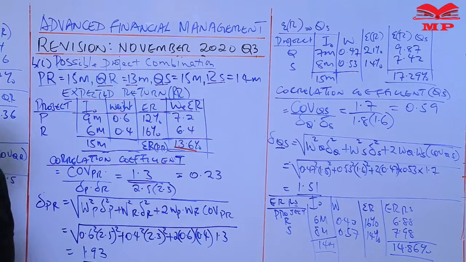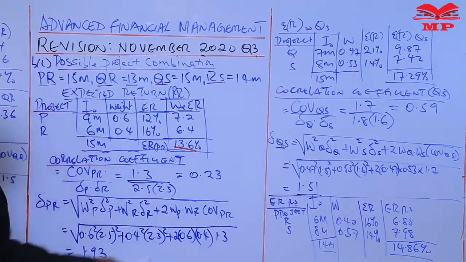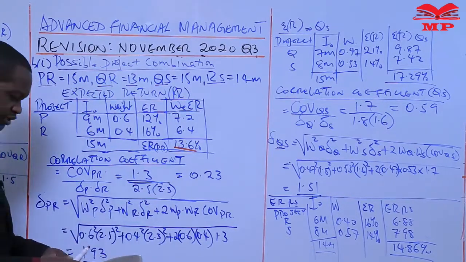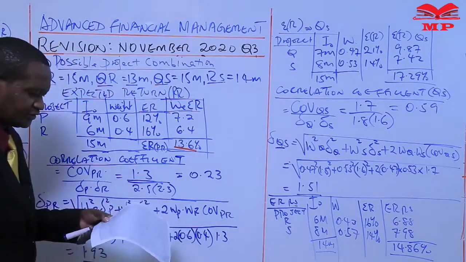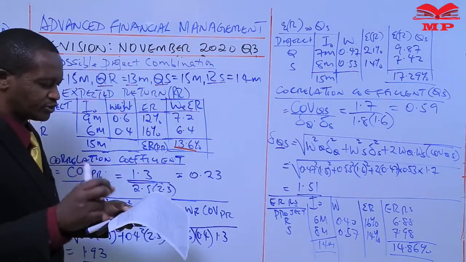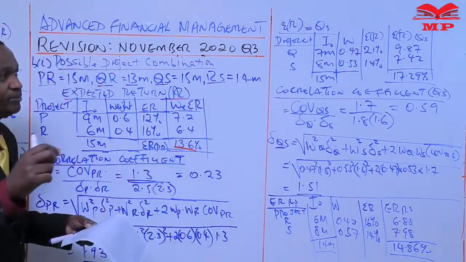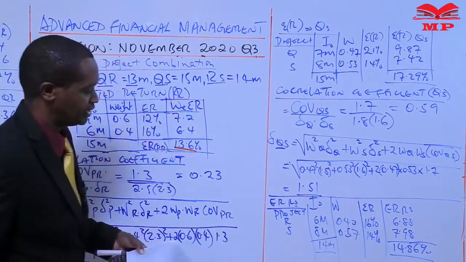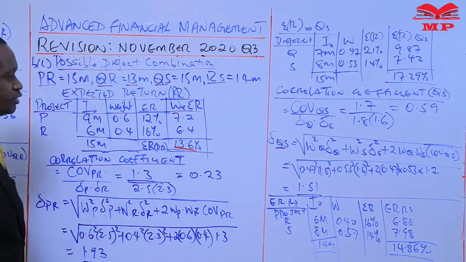This one here, 13.6. I'll need this 13.6% in the second requirement, Roman 2, where we are told to advise the shareholders of Mali investment on the optimal project pair based on the mean variance. To calculate the mean variance, candidates, we divide standard deviation by the mean. In this case, the mean is the expected return of the portfolio.